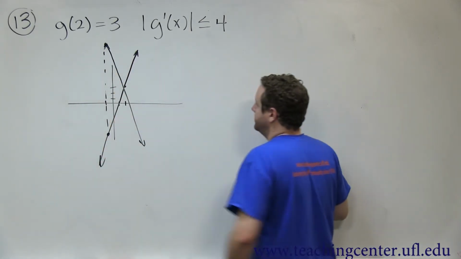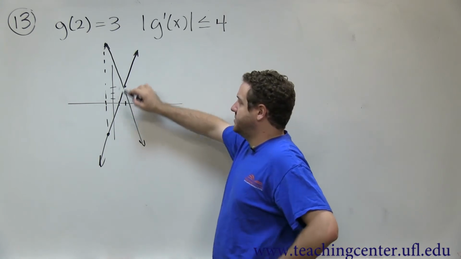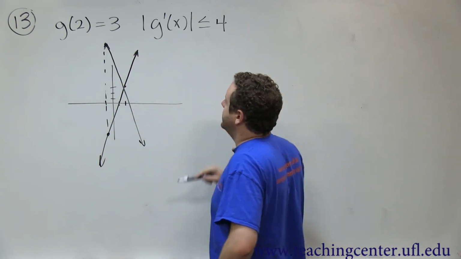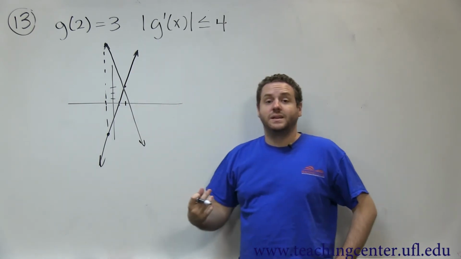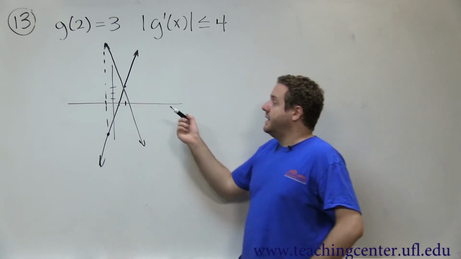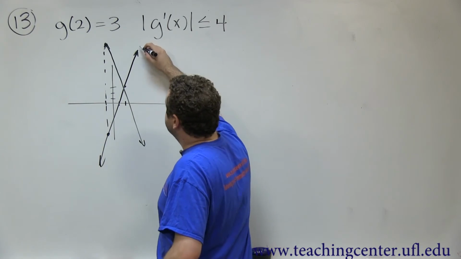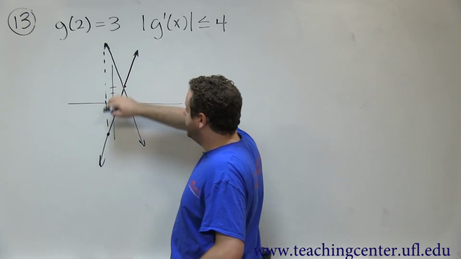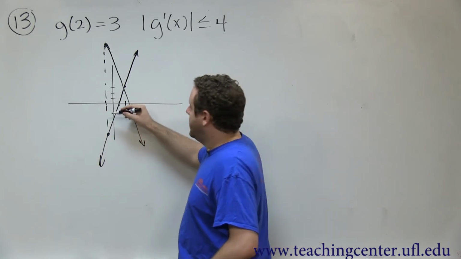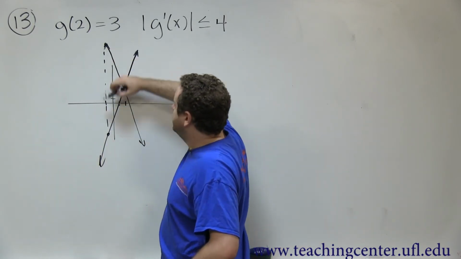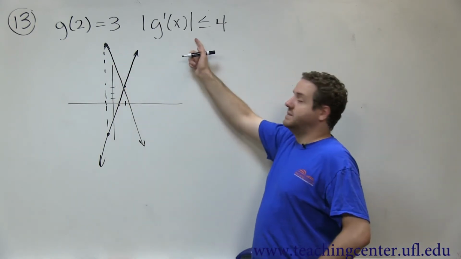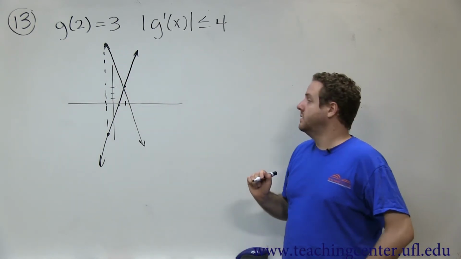Because what I just drew when I did these lines was, in choosing the steepest possible ways of this function existing, I basically indirectly found g of negative 1, or g of anything. Now you know it has to be in between two such values, or else that graph couldn't have existed because of this derivative constraint.